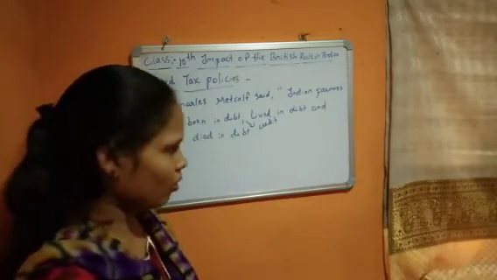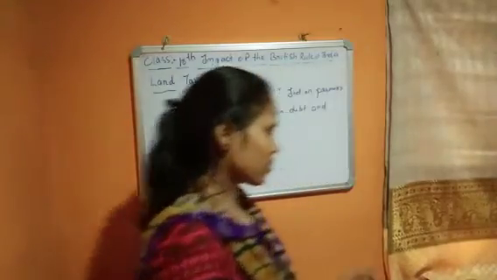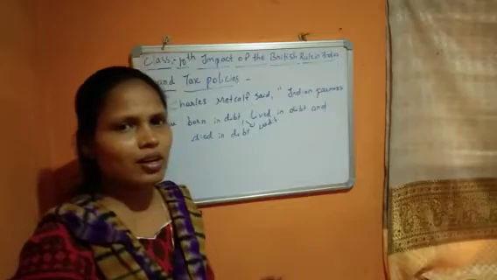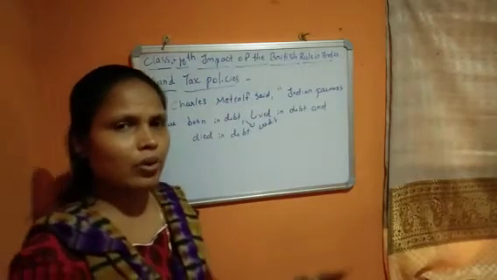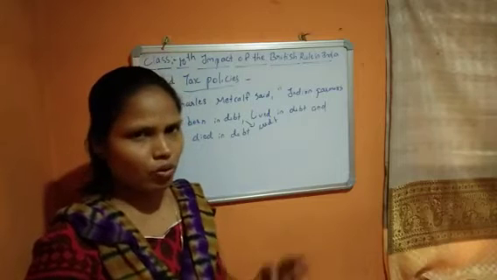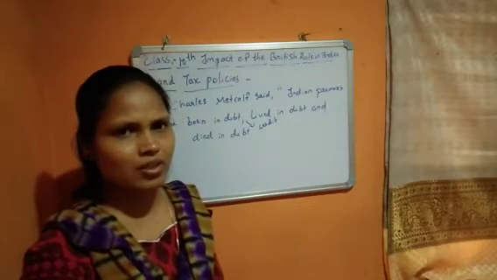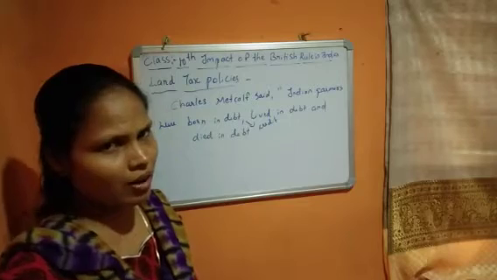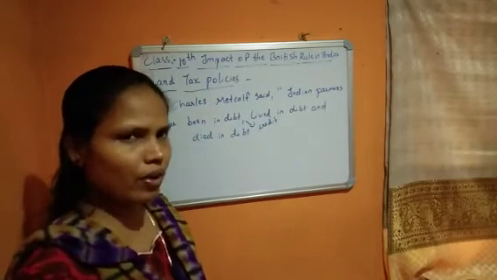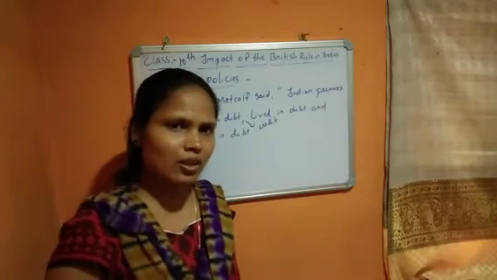Clear this? In this part, first important question: which are the 3 land tax policies implemented by the East India Company? First one, permanent zamindari system, Mahalwari system and Ryotwari system. Next question, who and when implemented the permanent zamindari system?